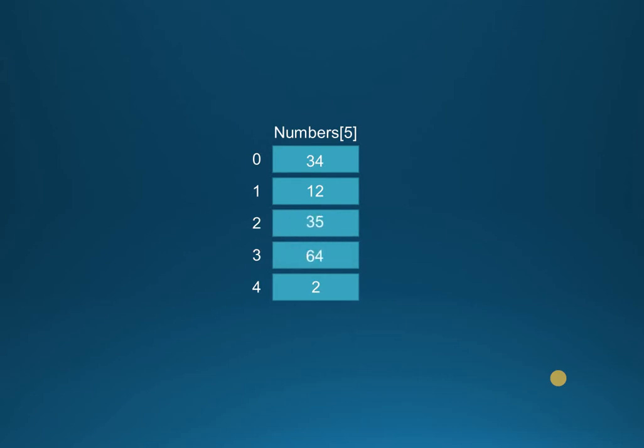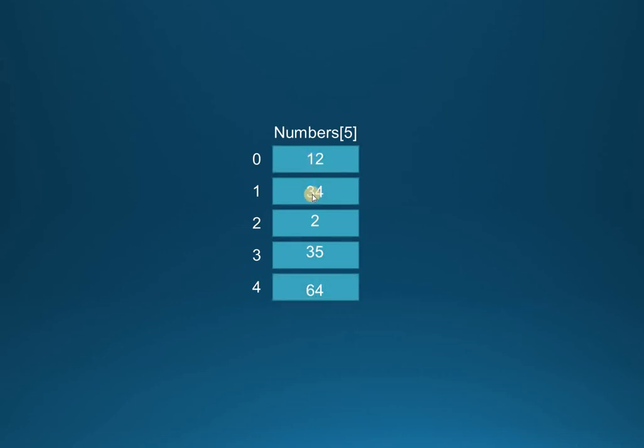We swap 35 and 64, and then we swap 2 and 64. Now, the result of this first go-around is that the largest number is at the end, and we go back and start again. We swap 12 and 34, 34 and 35 don't need to be swapped, and 2 and 35 do need to be swapped. Now the largest two numbers are at the end.